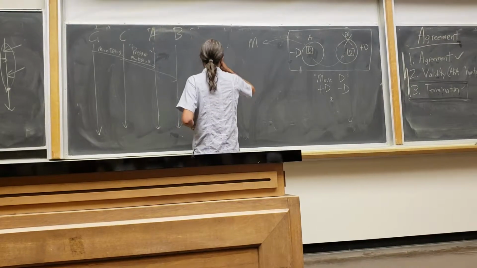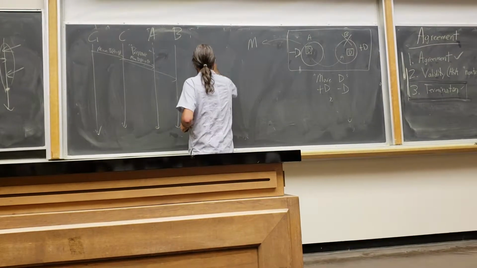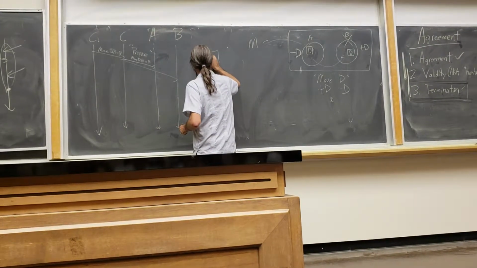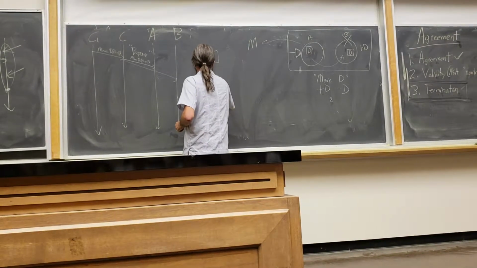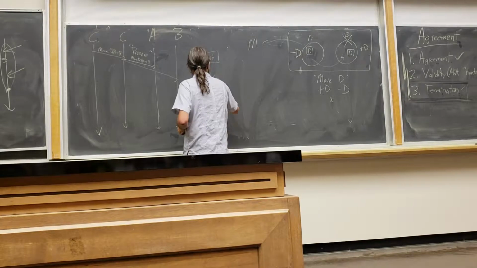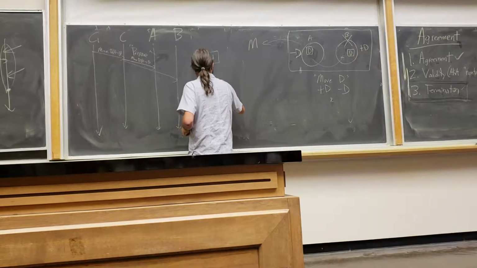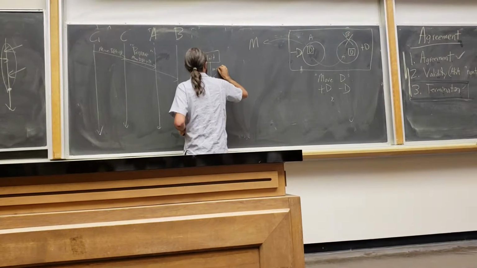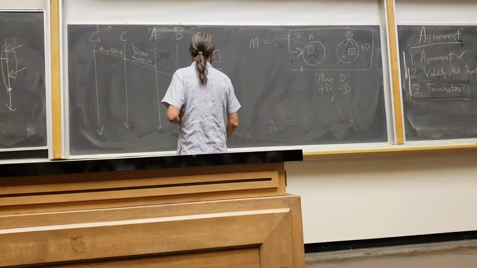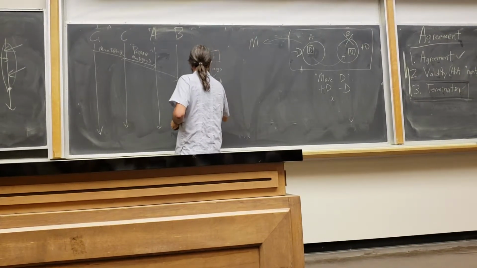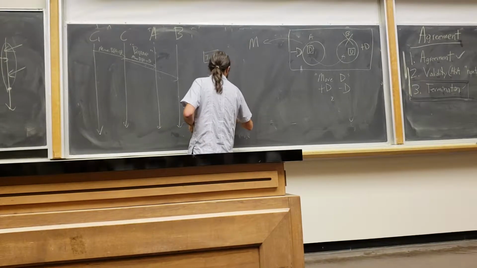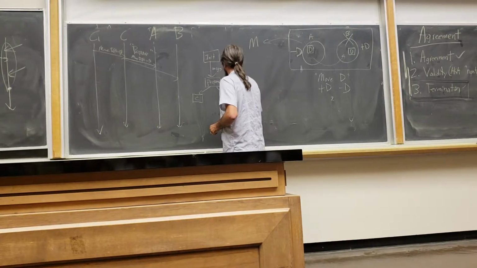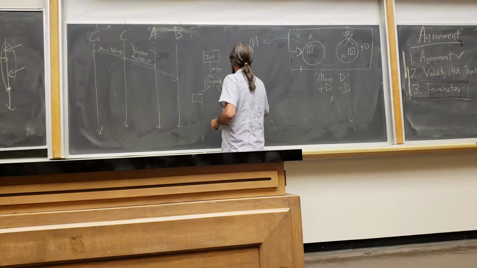Let's see if I can remember the state machines for these things. The coordinator state machine begins in init. It can go to prepared by receiving prepared messages, and then it can go to commit or abort based on the decision of the coordinator.